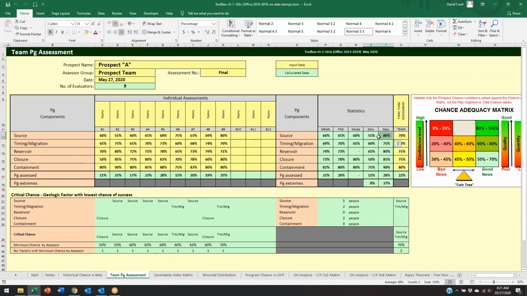You really need to have these folks describe why they are seeing such different representations as to what is the likelihood of the source associated with that, and hopefully they can modify their estimates based upon information that they may not have understood.